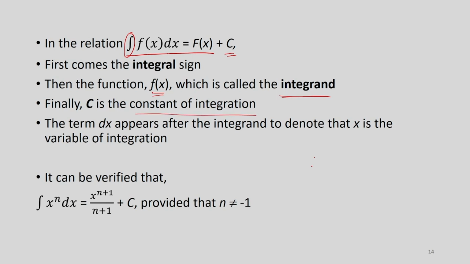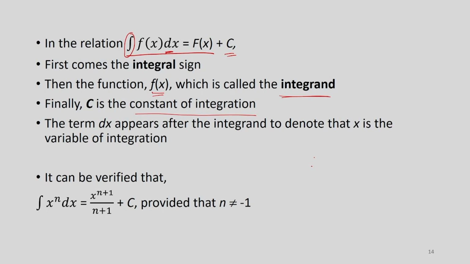This is the last term on the right hand side. The dx term has to appear here. After the integral sign and the integrand, in order to close this matter, the dx has to appear. What is the importance of this dx term? It appears after the integrand to denote that x is the variable of integration. So, it is the x variable with which the integration is taking place.